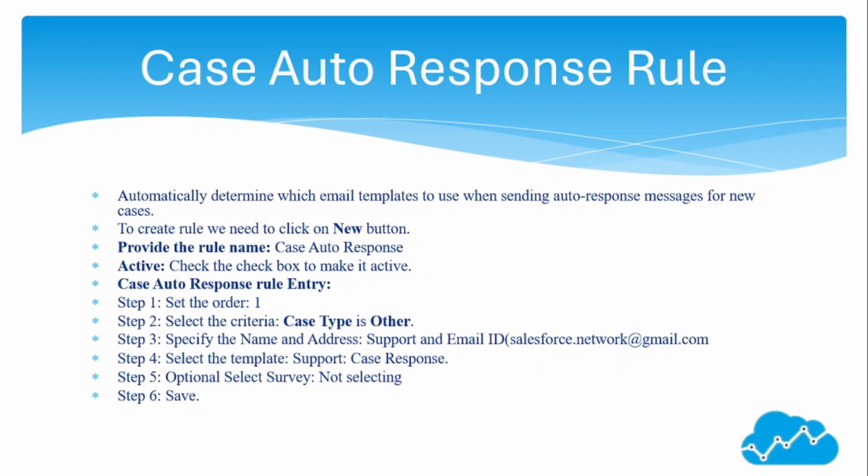In step 1, it is asking to set the order. Here we are going with 1. Step 2, select the criteria. Here our criteria is case type is other. In the case type we are finding the other option. If someone chooses the other option, then this auto response rule is going to work.